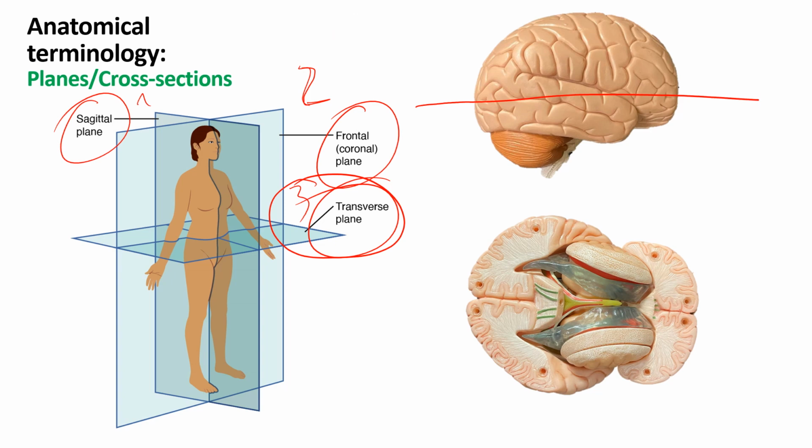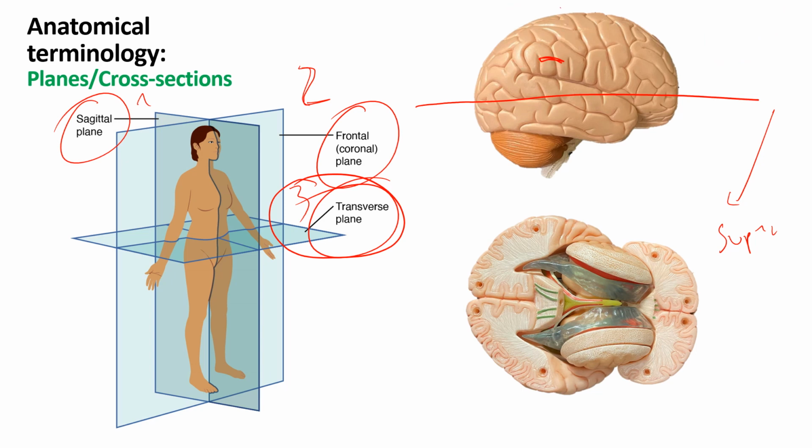Remember the importance of knowing superior view, anterior view. This is a lateral view. Well, this is a superior view. So essentially, in the lateral view, we are looking at the brain in this direction. Imagine this is your eye, and you're looking in this direction, right?